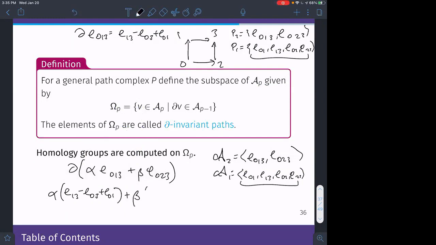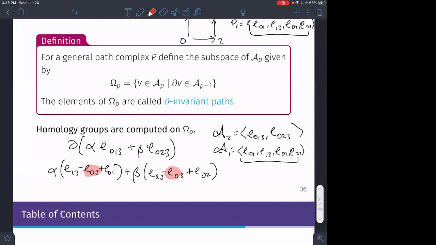Beta times this. And the unpleasant term, which is this one here, I would like to see it cancel out. So I have to make sure that the coefficients are such that these two terms cancel.